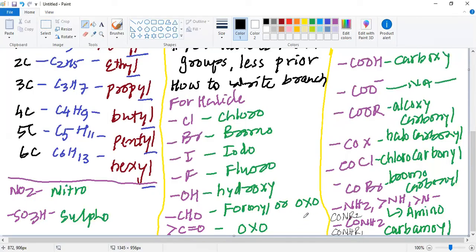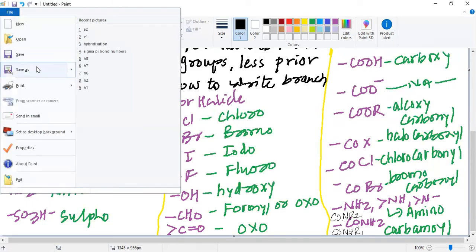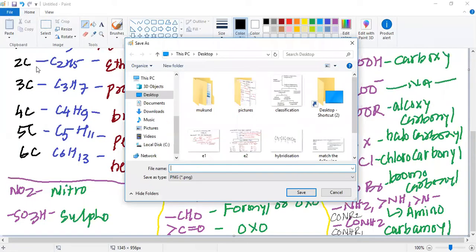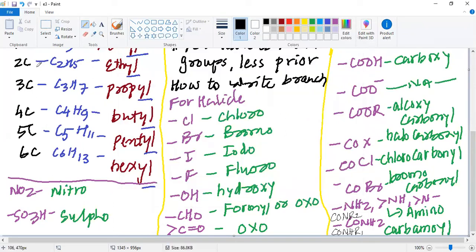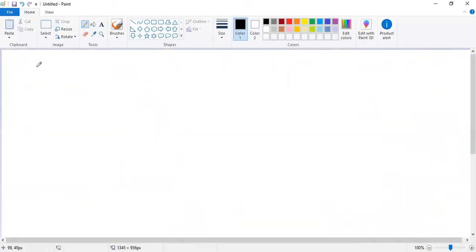So this is how, dear student, we should understand the various prefixes for this kind of nomenclature. One should learn these prefixes well, and if you are aware of these prefixes, the nomenclature is going to be very easy for you, my dear students.